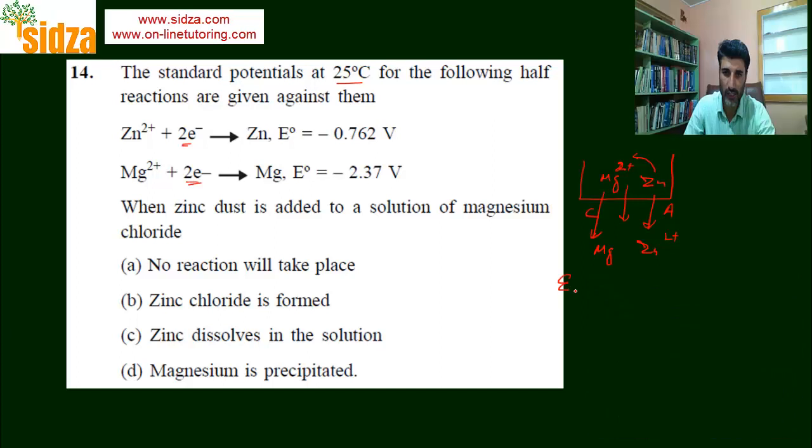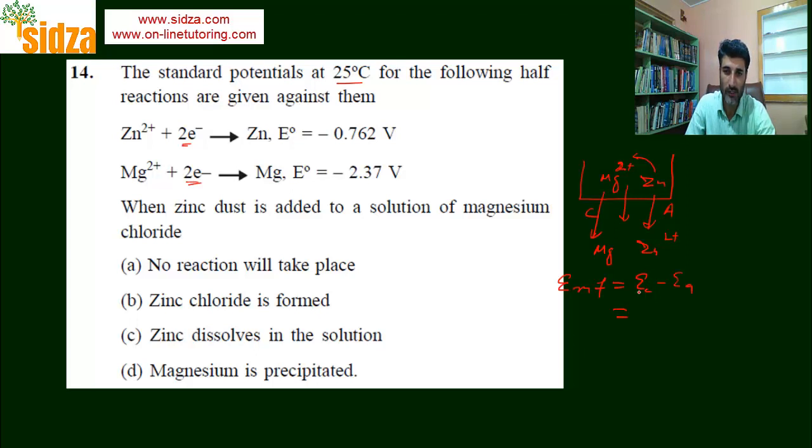So we check its EMF: E cathode minus E anode. This is the EMF, and the final answer will tell us whether this is possible or not, right?